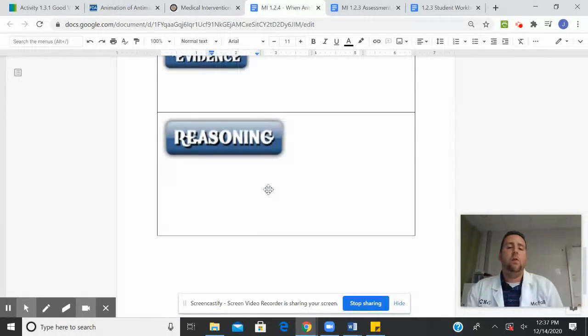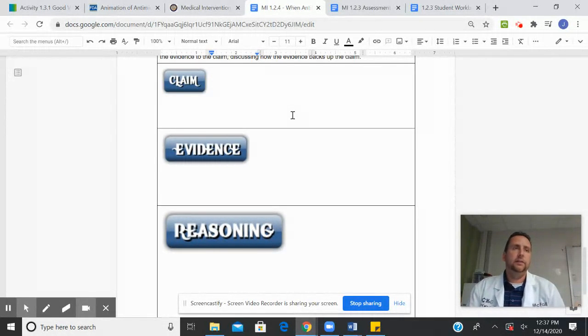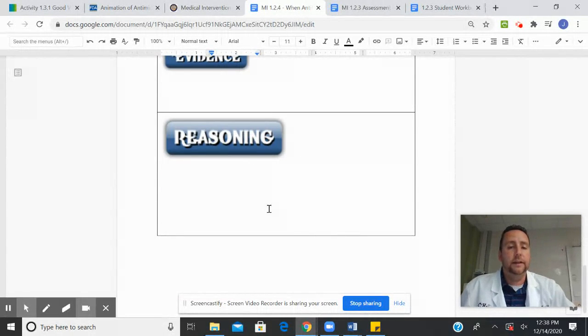And so from there, I'm just going to tie that in and explain that because the very resistant bacteria increased every time I took medicine, that supports the idea that taking the medicine increases the resistant bacteria, which is not true. I'm just making that up. But go through and look at what the data tell you, and then this is basically where you're spelling it out. So these are more facts, like here's what happened, here's some evidence to support my claim, and here's your explanation of what actually did happen, in a paragraph or bullet points where you give more detail.